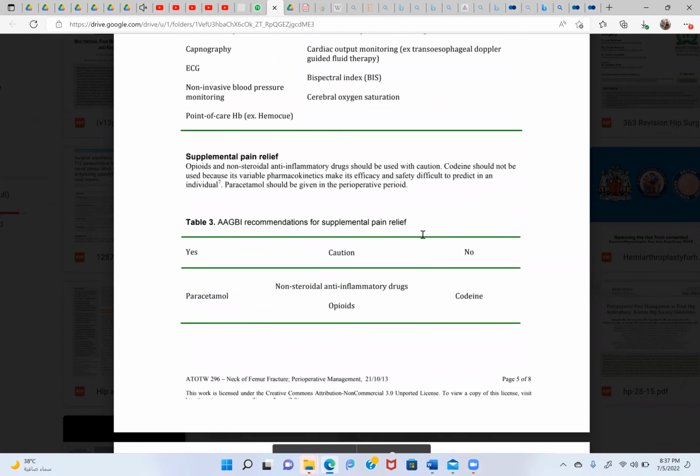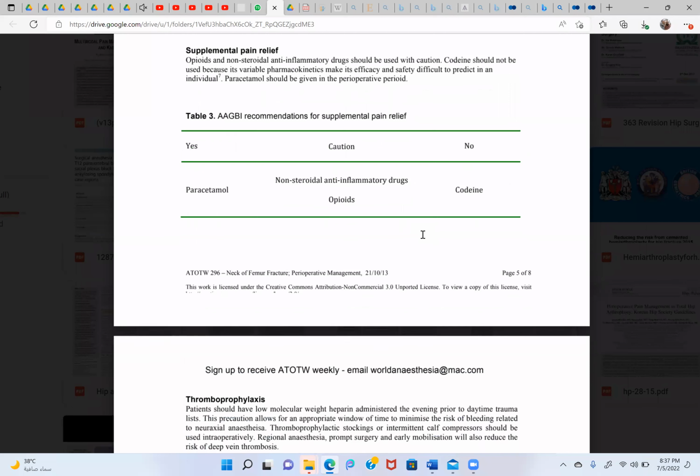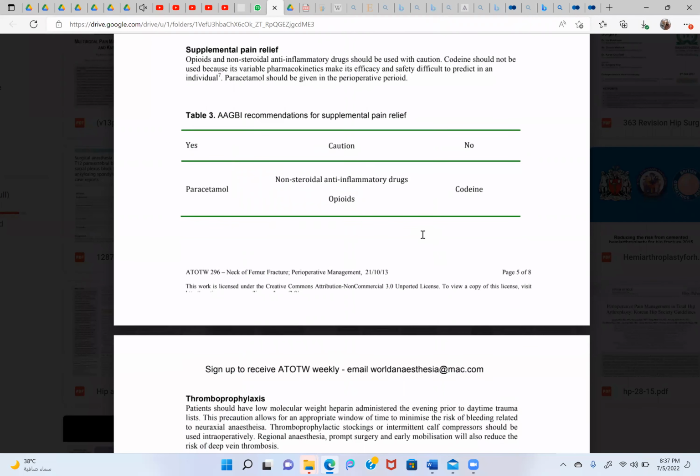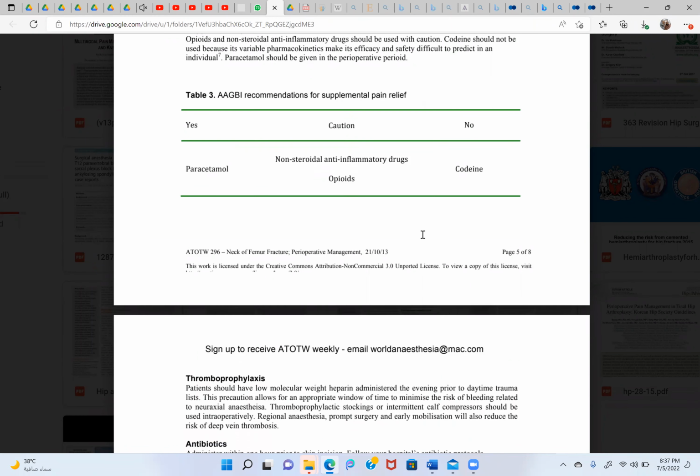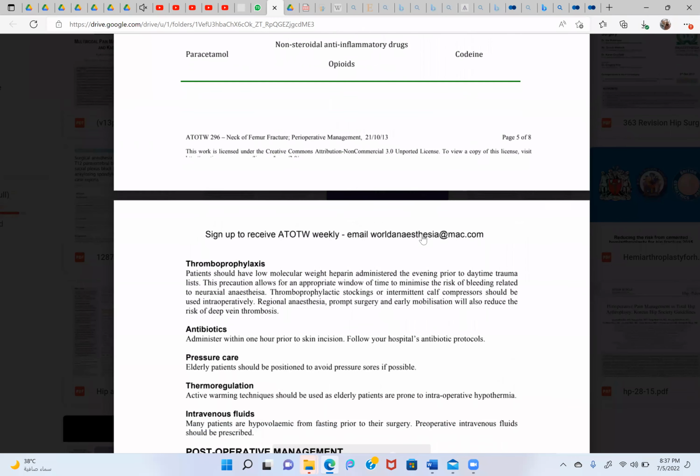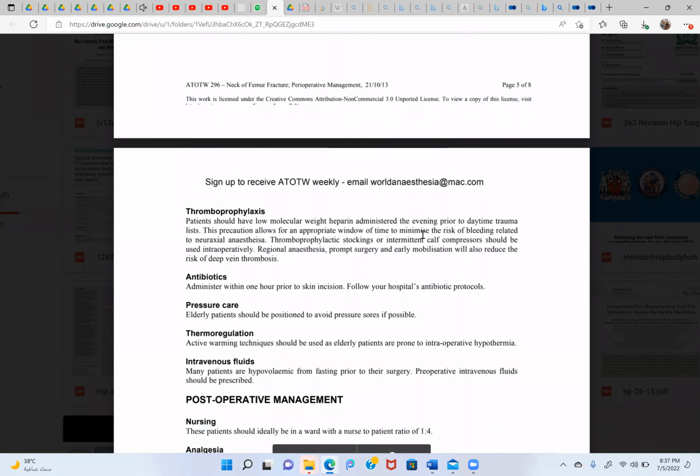There is a concept of preemptive analgesia. For preemptive analgesia you can give paracetamol, NSAIDs, and gabapentin. It is a protocol which is being used for preemptive analgesia.